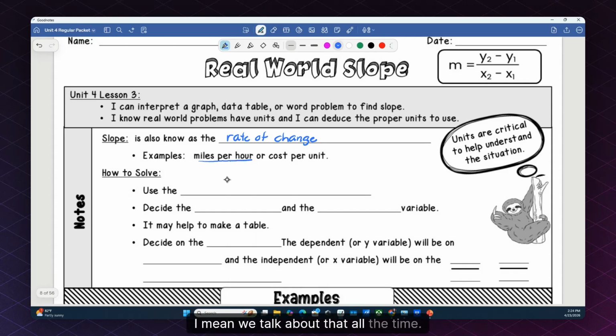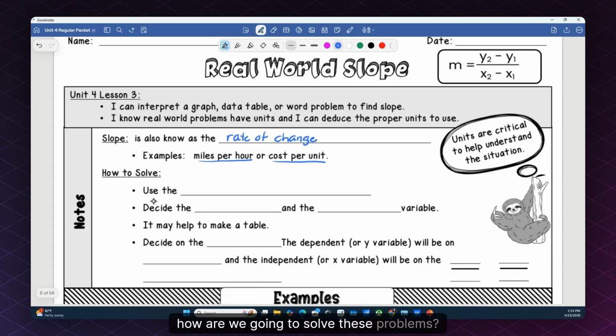If you're driving 35 miles per hour down the road, that is a rate of change, and those would be units attached to that. Another one we use all the time is the cost per unit. We could say something like, meat is $5 a pound. That would be an example of a cost per unit, which is a rate of change, also known as slope.